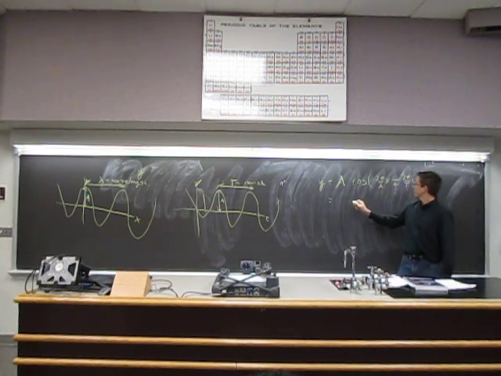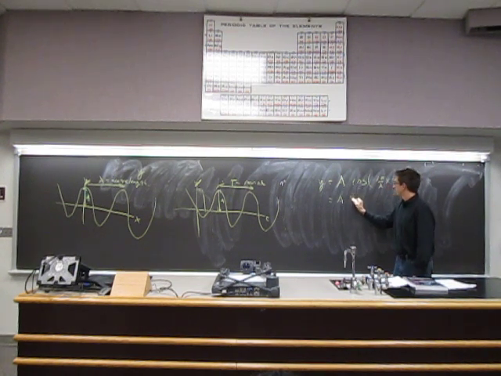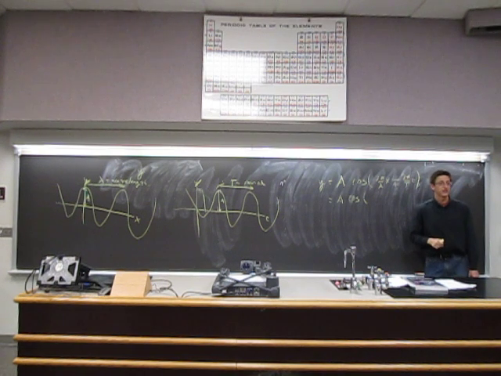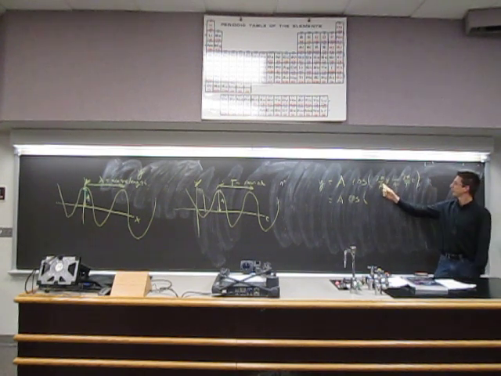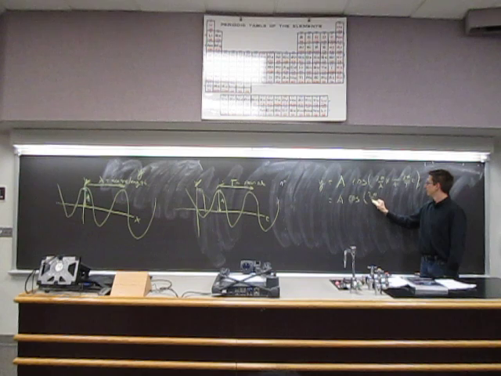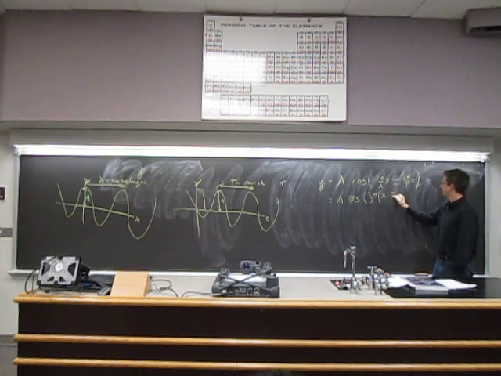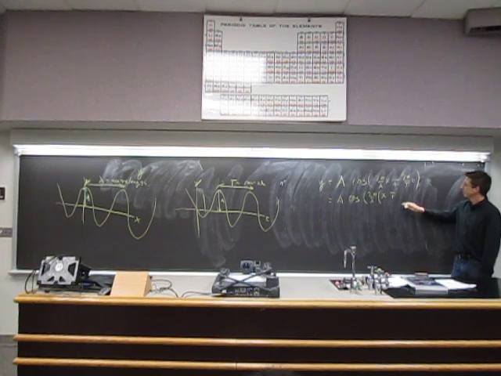And I could factor out a 2 pi over lambda from both terms, and I get 2 pi over the wavelength times x minus or plus lambda over the period T times t.